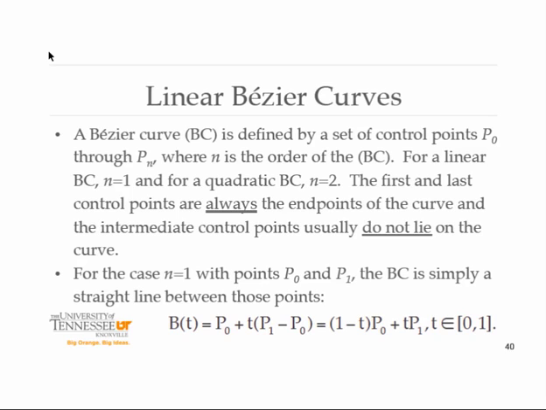And the intermediate control points usually do not lie on the curve. So it's not like interpolation at all. If I'm just drawing a little illustration here, you would have different points here representing control.